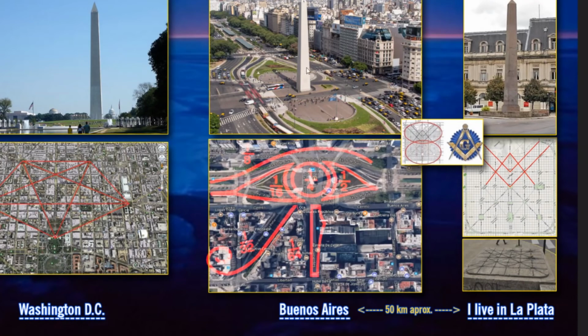And when you come to, for example, my city, it is the capital of Buenos Aires, and Buenos Aires is the capital of the country. Right? You are following? My city is the capital of the province of Buenos Aires, and Buenos Aires is the capital of the country. Because the city with the most universities in my country is my city, La Plata. My city is one of the most important cities for people who come from outside of the country to get an education, because it was made by Masonic guys.